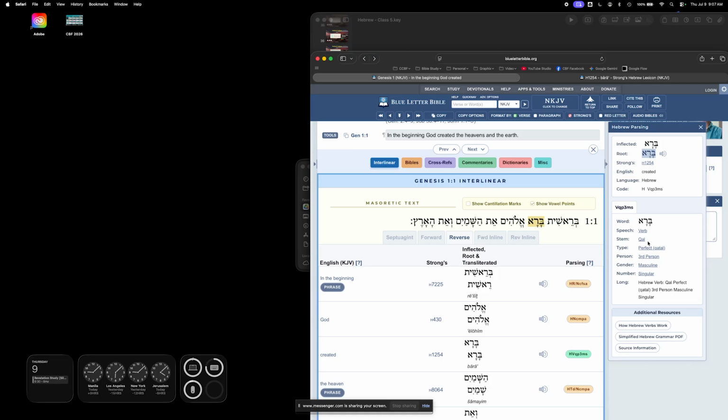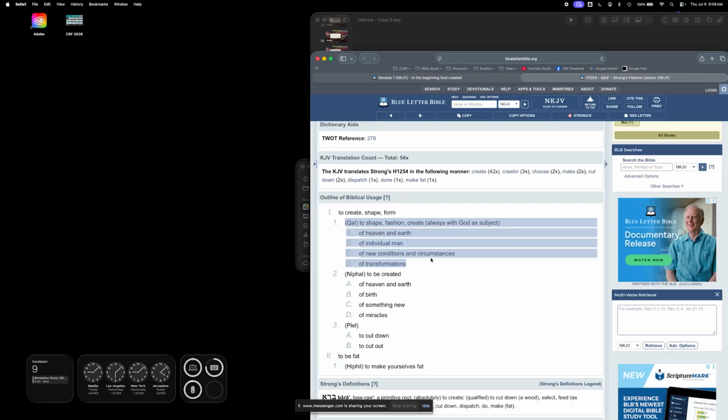All that's baked into your stem. The who: active, passive, reflexive, and the how: regular, intensive, or causative. That's all part of your stem. But also in your interpretation, your definition is baked into those and tied to those stems as well. So two different ways the stems are used: the who and the how, and then the definition.